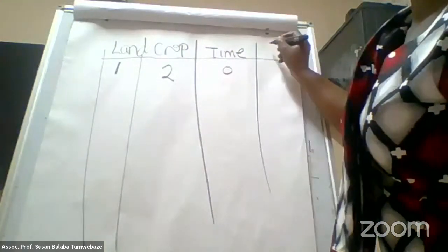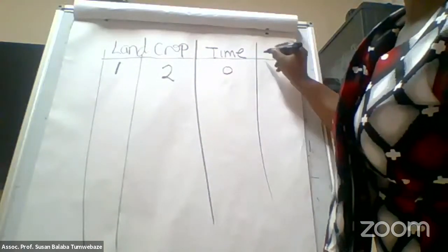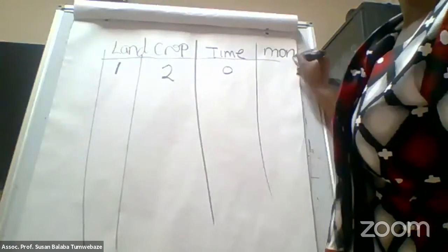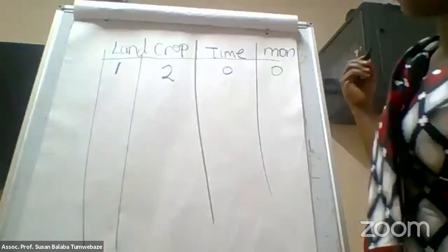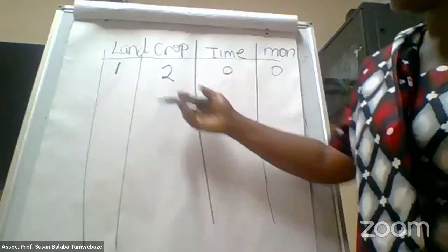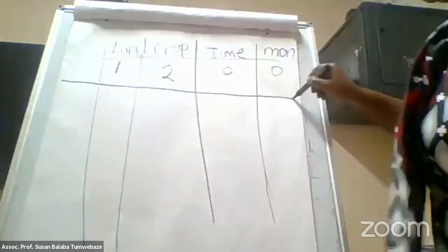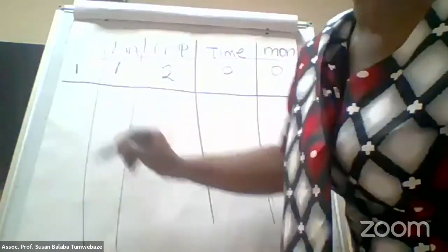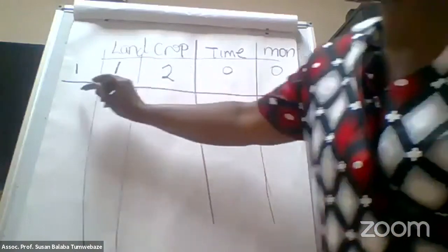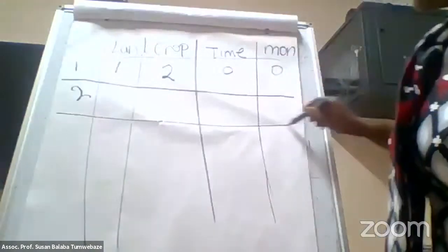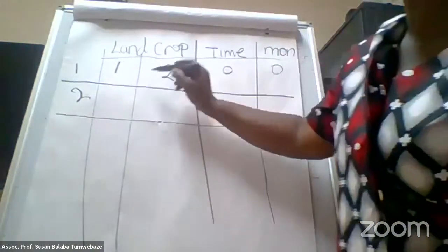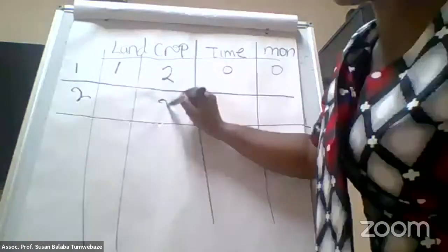And also this one, money, we leave it as 0 because they didn't mention anything. So the first respondent said he didn't have land, didn't have crop. The second respondent said he doesn't have crop, and then time and money. You see?